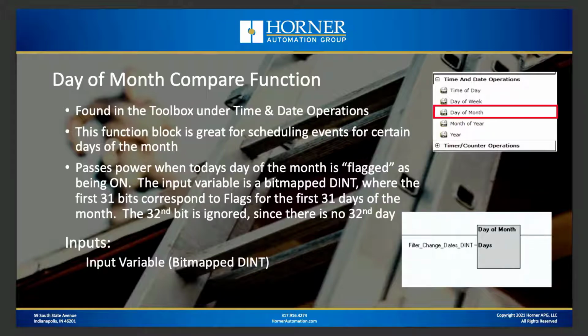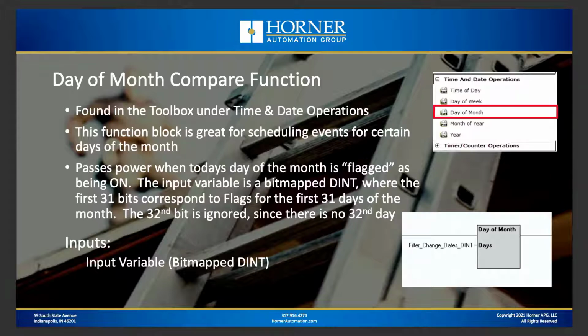For bits 1 through 31, each of those bits correlates to a different day of the month: the first, the second, the third, etc. And of course, the 32nd bit, since there is no 32nd day of the month, is effectively ignored. The way this function block executes is it checks today's day of the month versus the bitmap pattern in that variable. And if today is flagged, it will pass power flow. So that's the day of the month compare function.